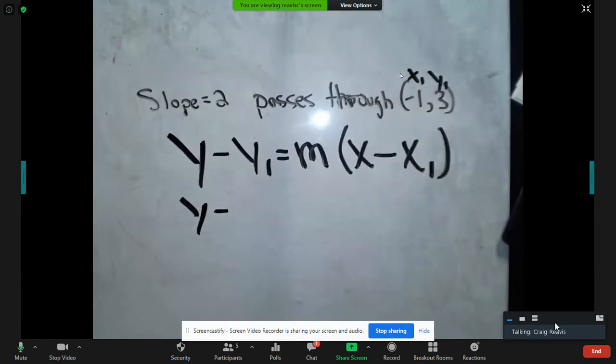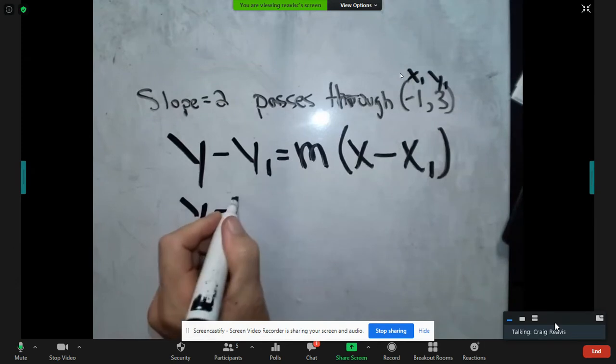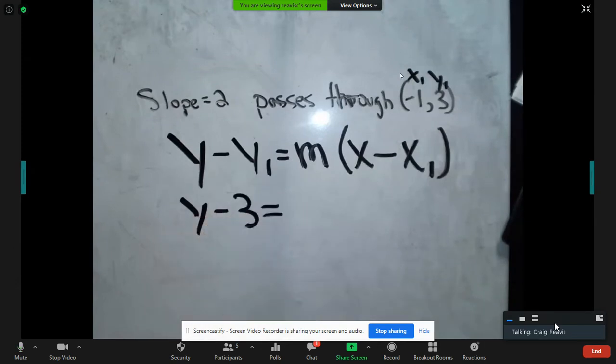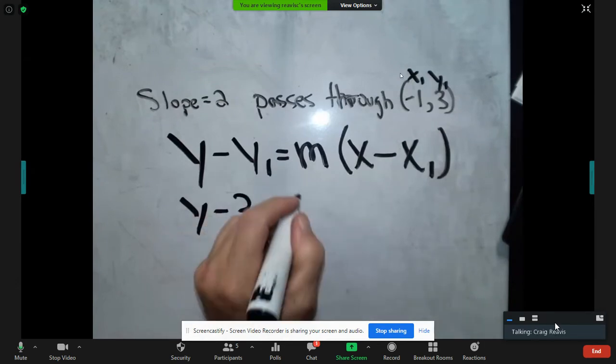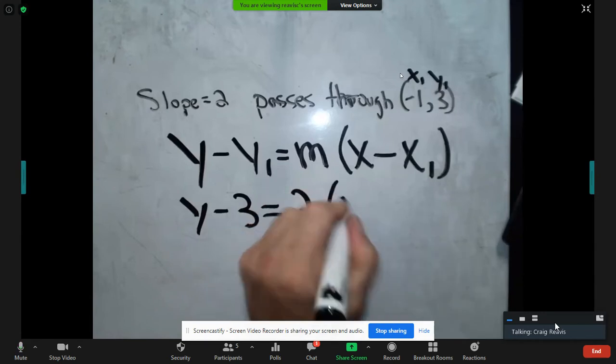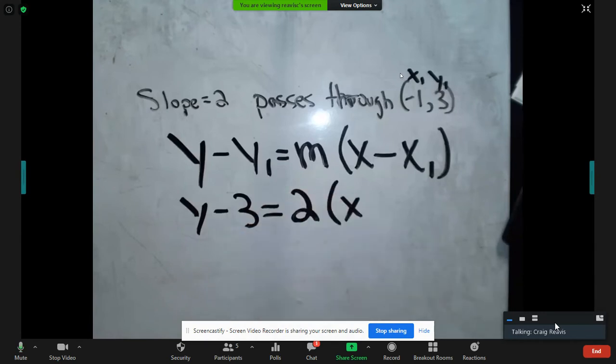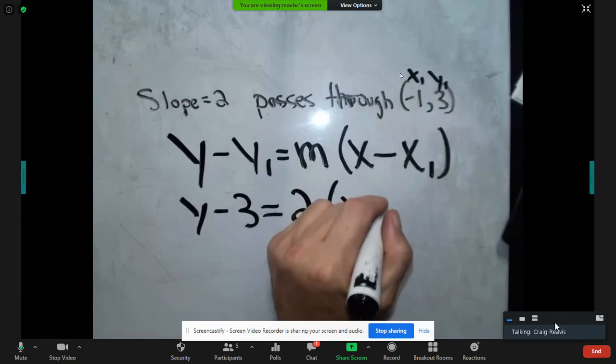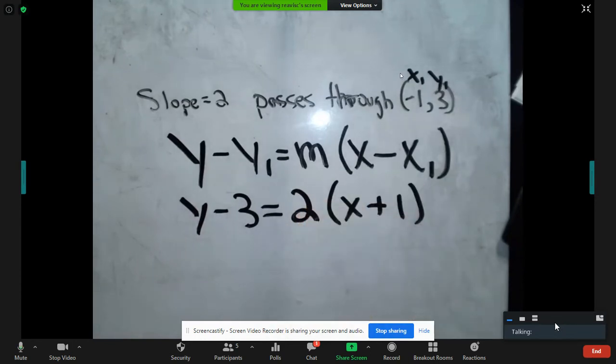So it's y minus y1. Well, y1 is 3, so it's y minus 3 equals m, the slope, which is 2, times x minus a -1. The x1 is -1, and anytime we have minus a negative, it turns to a positive. So that is the equation in point slope form.